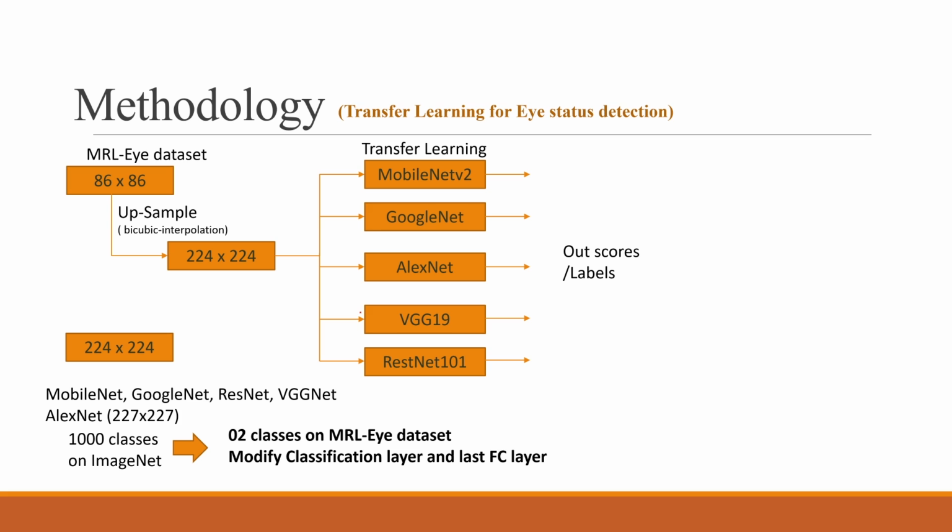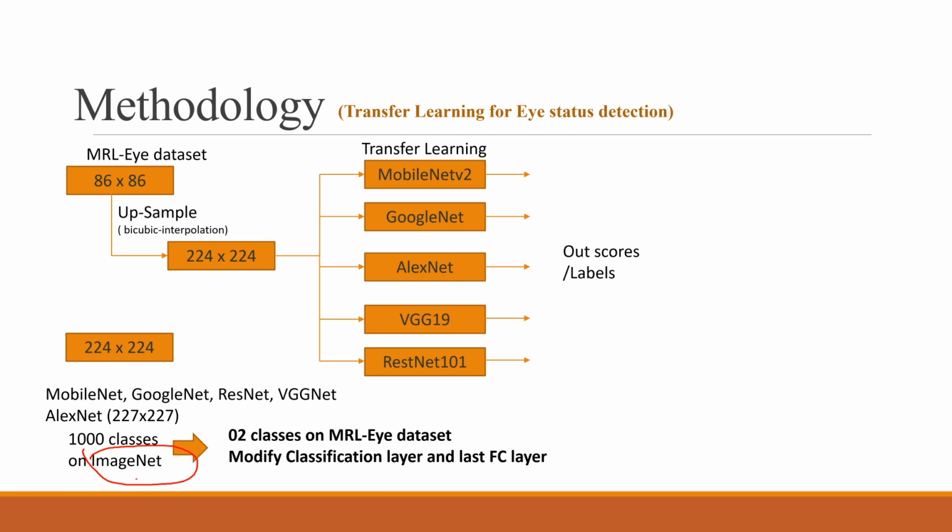So what is transfer learning? We have already discussed it, but how can we do it in our case? You might have heard about MobileNet, GoogleNet, and AlexNet. All of these are famous deep learning classifiers trained on the ImageNet dataset.